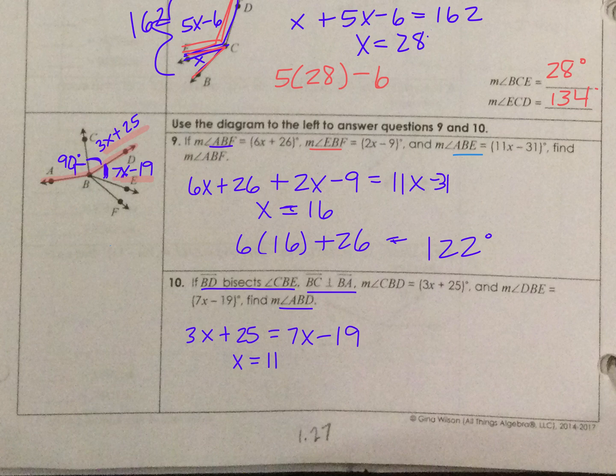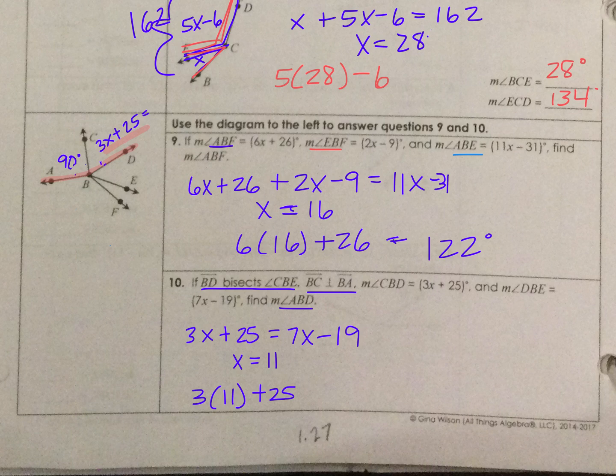All right, now that I've figured that out, I do not care about this stuff anymore. Okay, so I need to get a measure for this 3x plus 25. So 3 times 11 plus 25.